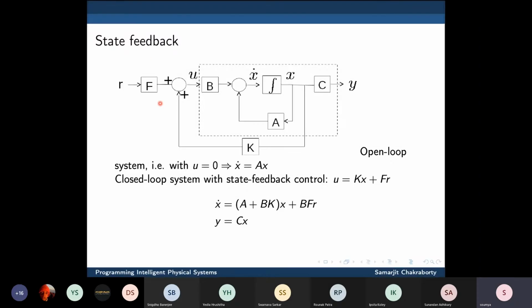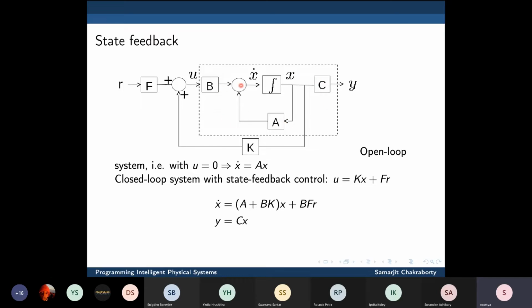So in typical control theory books, you will see that this block diagram based view is a bit different in different places. For example, this is another view which is quite possibly used and in many practical systems is relevant, where you have a feed forward gain F. This reference signal R will be amplified by this feed forward gain F, and then you have this plant, which is the Ax plus Bu part.